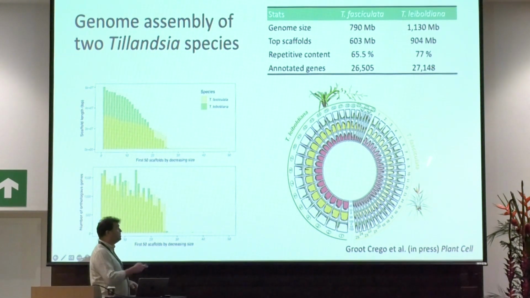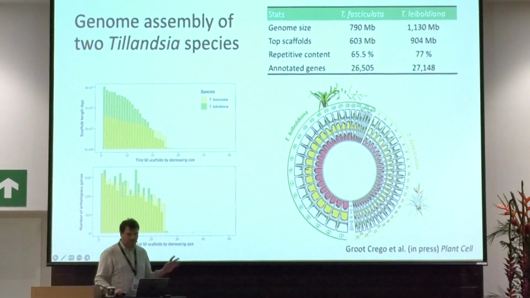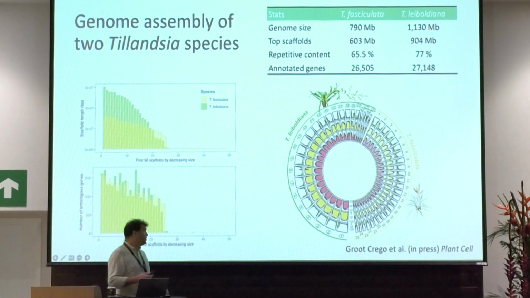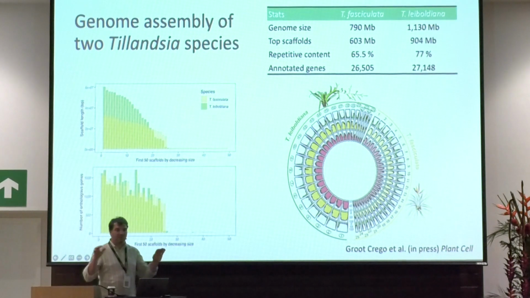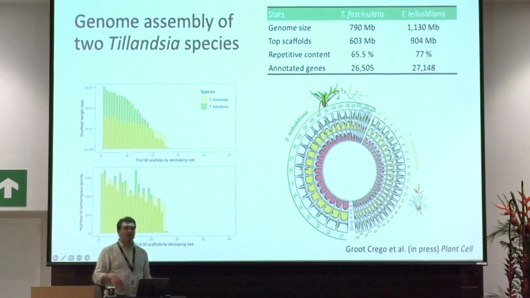This is shown in this green outer circle here, the gene content. And in the centromeres, you have high content of transposable elements. Of course, the larger genome size also has much more transposable elements, so the genes are pushed even further away, with potential implications for recombination rate in Tillandsia leiboldiana.